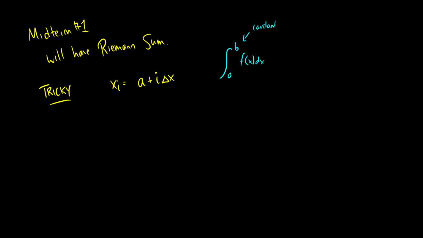But when it comes to the exam, you'll usually have a question that, say, instead of 0 to 2, might look like this: the integral from 1 to 3 of x squared dx. Now, your xi is going to look like 1 plus 2i over n.